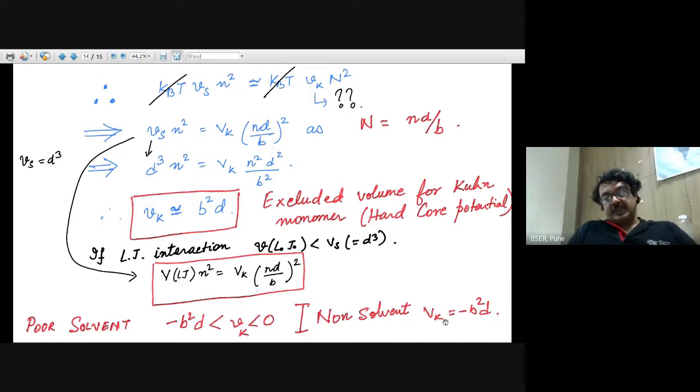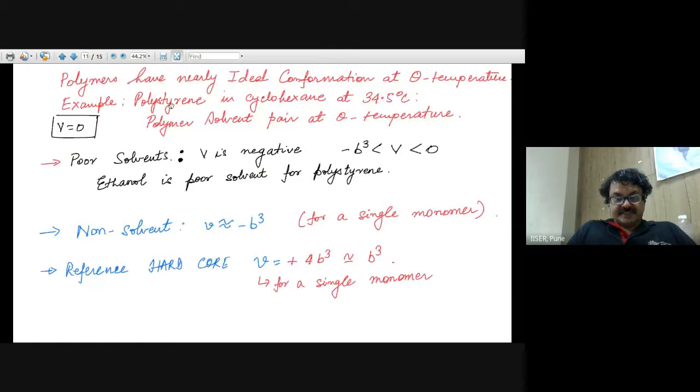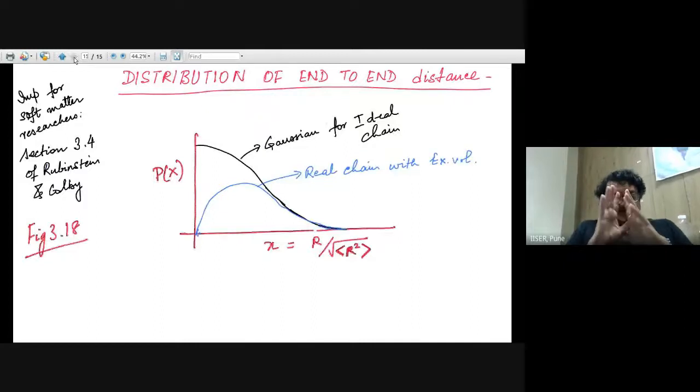And for non-solvent, Vk would be negative b squared d. So there it was b cube and minus b cube, and here it is b squared d and minus b squared d for a non-solvent. So compare with this slide.